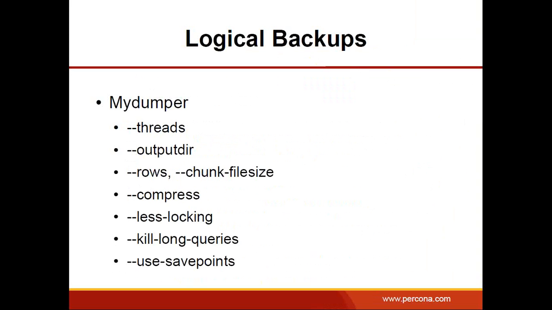One of the most important Mydumper options is threads, where you can control the number of threads Mydumper will run. By default, this is 4. You can tell it the output dir. This is important because, unlike mysqldump, the Mydumper output is not redirected to standard output, but it writes different files for each table or chunks.